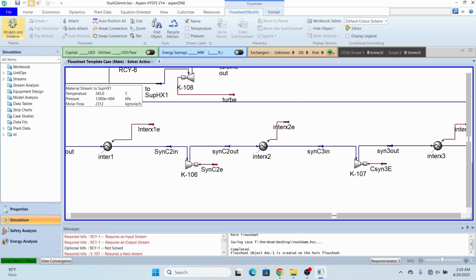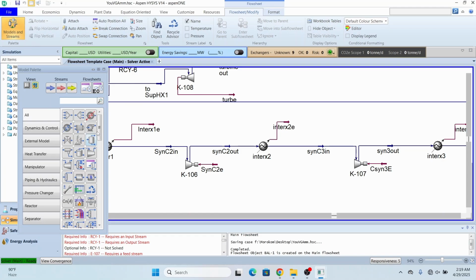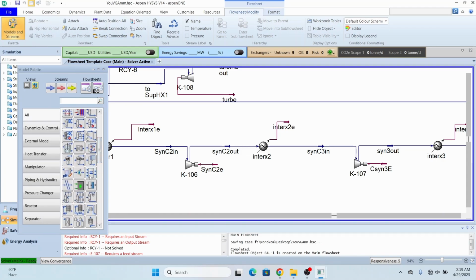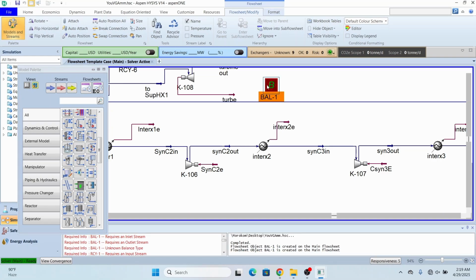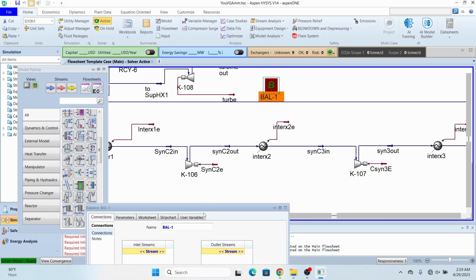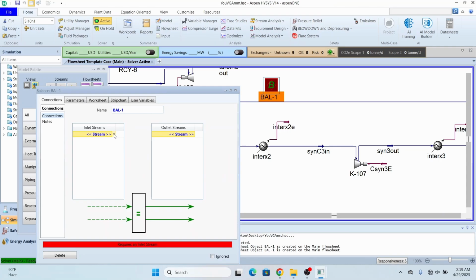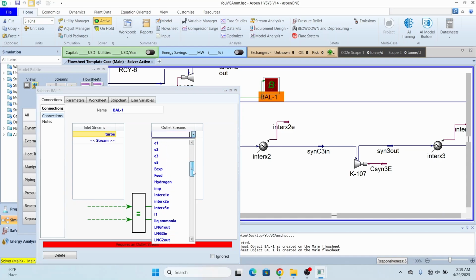So we can do this with the help of our balance. Go to this balance block that is present in Aspen HYSYS. So this is balance. Double click on it. The inlet stream will be my turbine energy. For the outlet, since the second and third stages of the compressor, I can connect them over here.